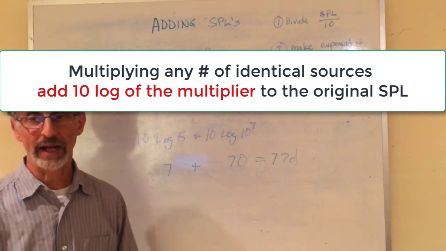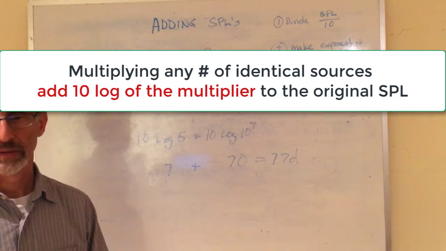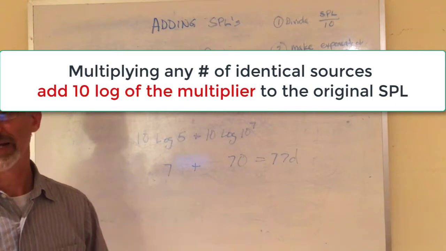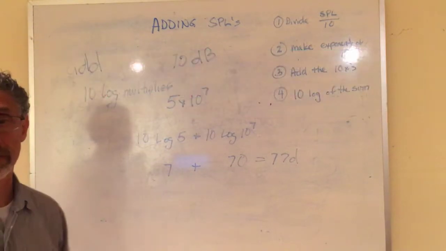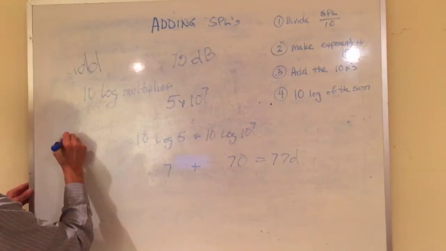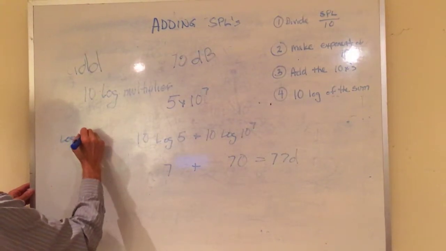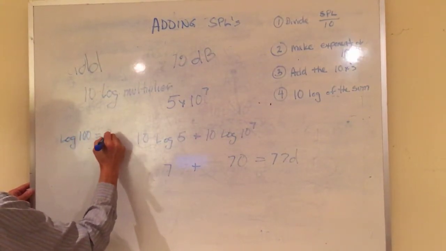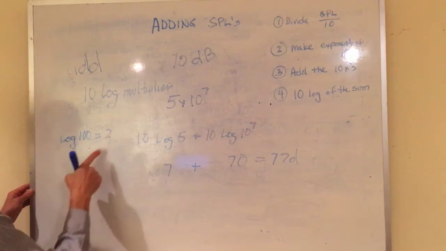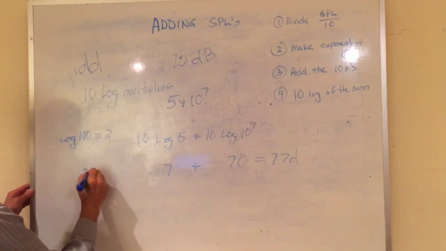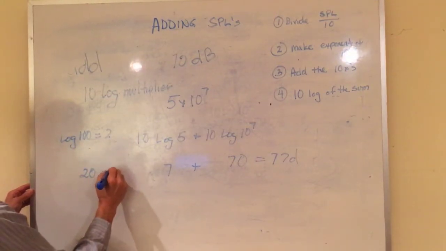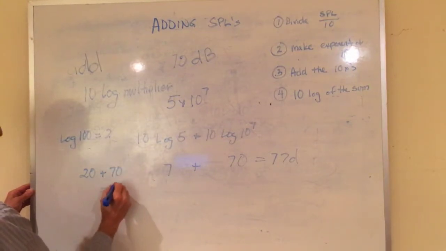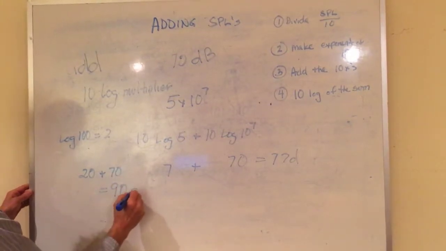So what if you're adding together 100 sources? The log of 100 equals 2. 10 log of 2 is 20. So it would be 20 plus 70, which equals 90 dB.